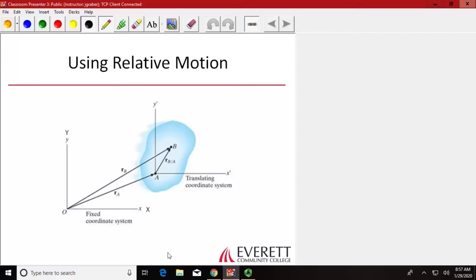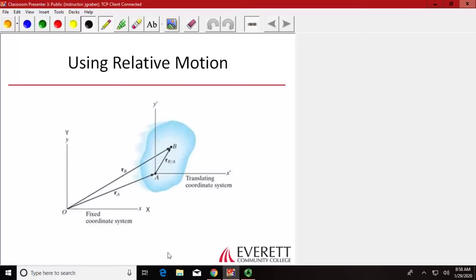Just as a reminder, our equations for relative motion, they come from a fixed and a translating coordinate system. In a little bit further in Chapter 16, we're going to have a fixed and a translating and rotating coordinate system. Why? Because it's easier to solve some problems that way. So we're going to have a fixed coordinate system. We're used to that.